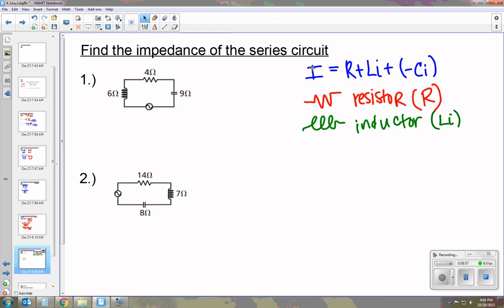And then our very last one, which is the two lines, like that, is going to be our capacitor, which is our negative Ci.